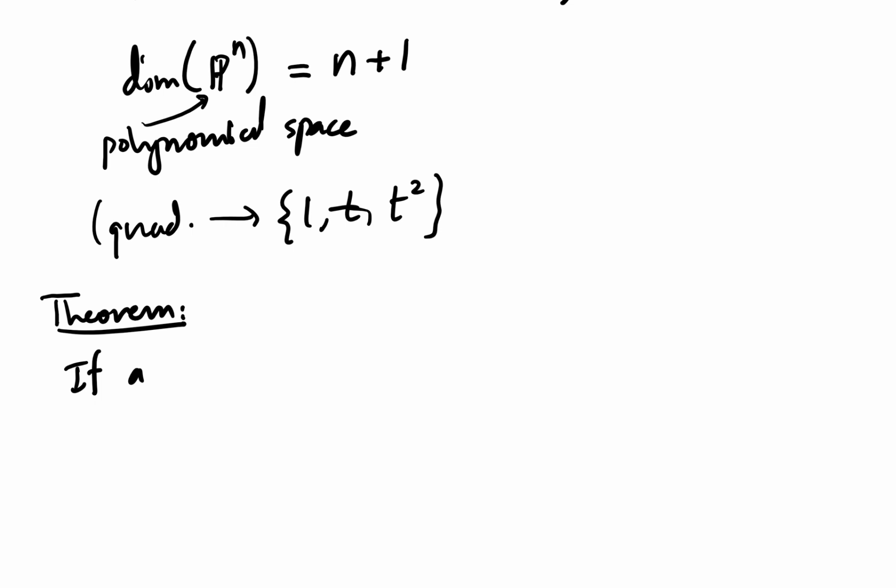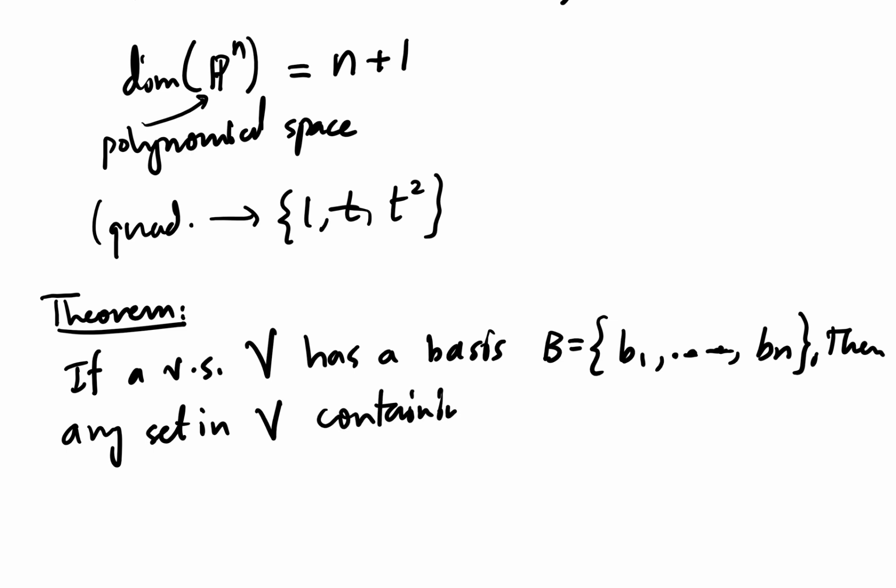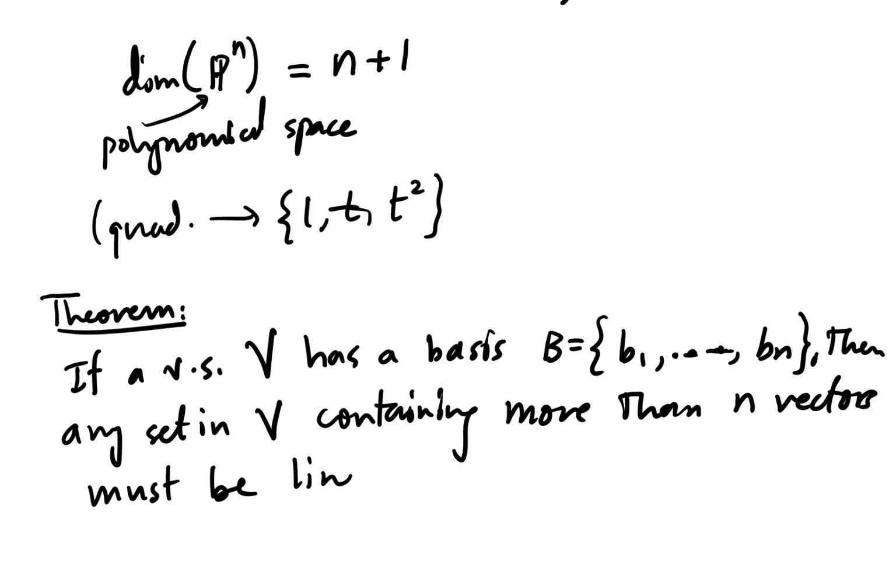If a vector space V has a basis B with vectors b1 all the way to bn, then any set in V containing more than n vectors must be linearly dependent. Not independent, remember, it's dependent.